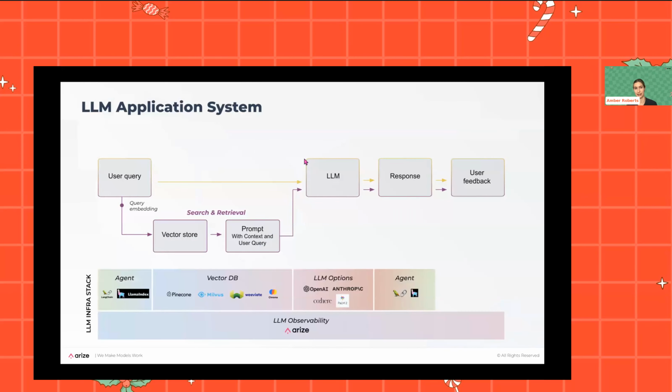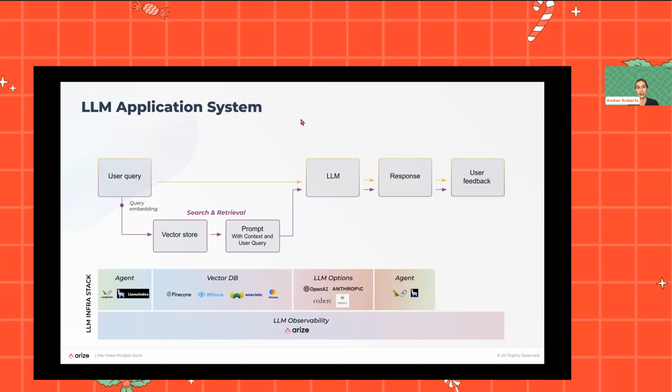So here's our standard LLM application system where you start with a user query. That query is then turned into an embedding. That embedding is then compared to a vector database. You're finding the documents most similar to that query in this vector space.